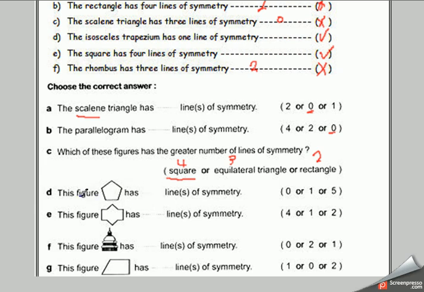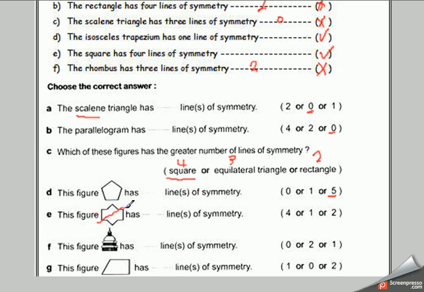Now we have a regular pentagon, so it has 5 lines of symmetry. What's this figure? I don't know, but can you tell me how many lines of symmetry I can draw?